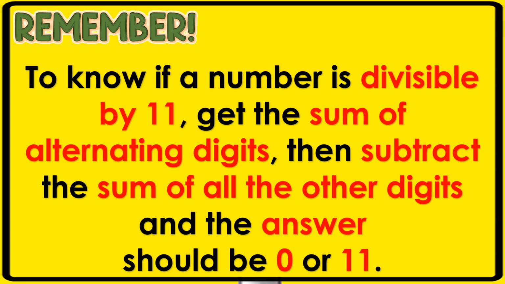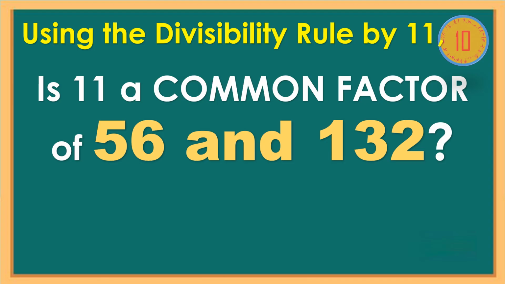Remember, to know if a number is divisible by 11, get the sum of alternating digits, then subtract the sum of all the other digits. And the answer should be 0 or 11. Using the divisibility rule by 11, is 11 a common factor of 56 and 132?